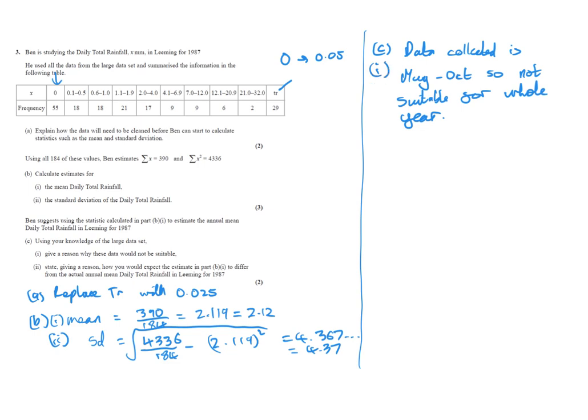And state a reason. How do you expect the estimate in B to differ from the actual? So the actual is likely to be more, as I've just said. Actual mean likely to be higher as it includes the winter months.